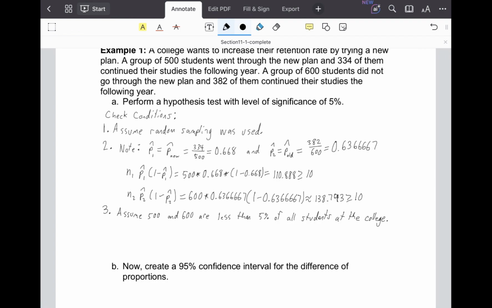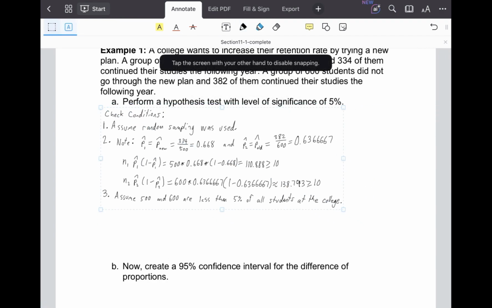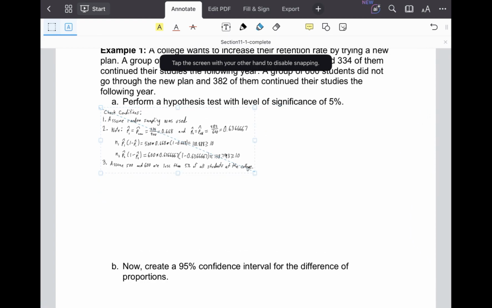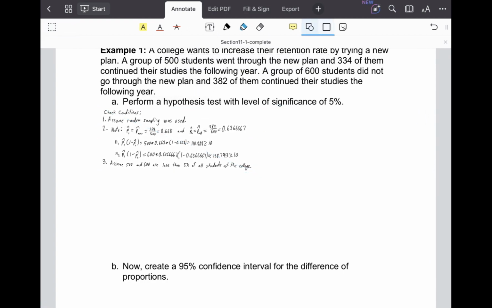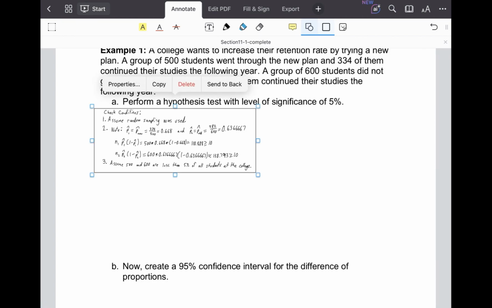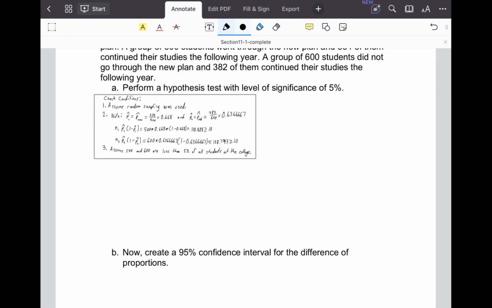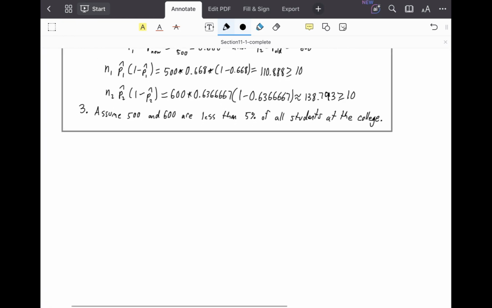We don't exactly know that, but we can assume that it's hopefully a larger college. And with all those conditions met, we're good to go. Just going to put a little box around this. There we go. We have our conditions met. We can move on to running our hypothesis test.